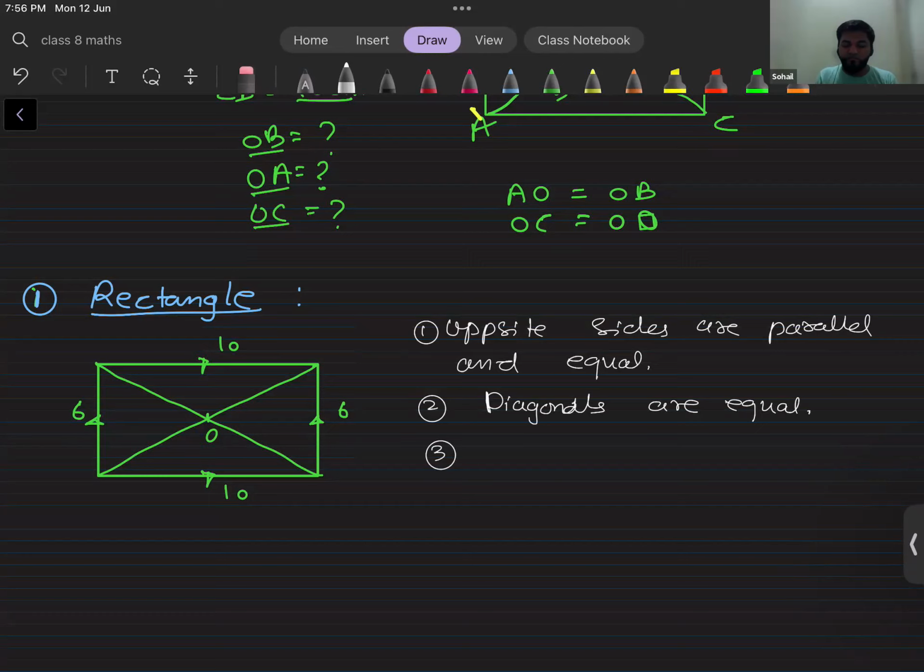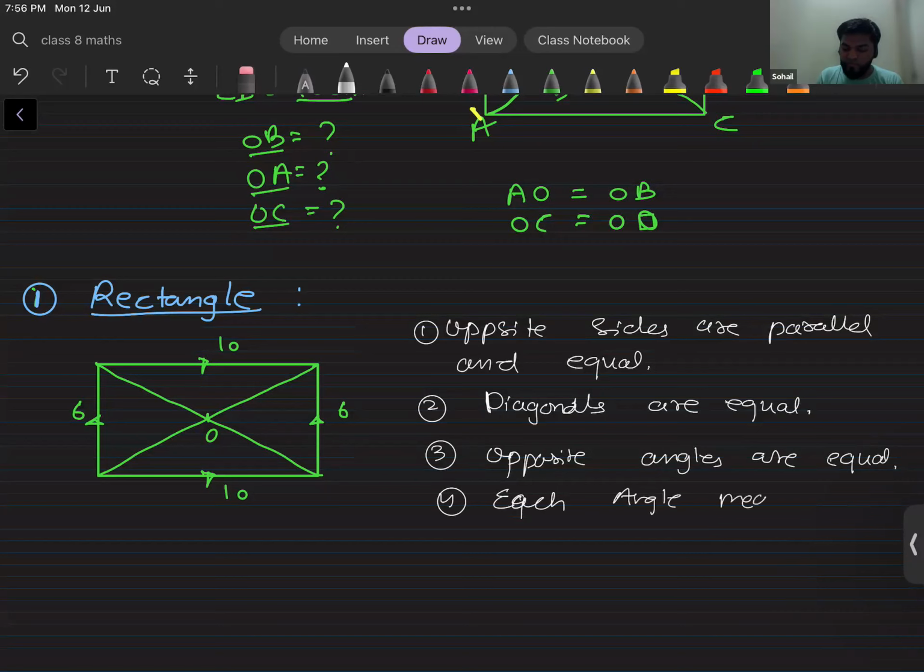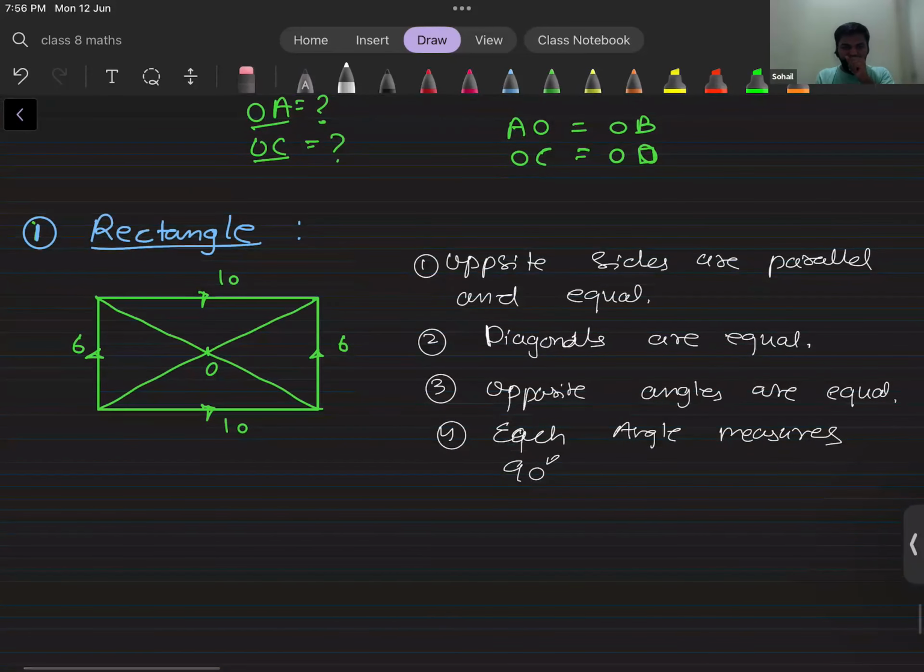And what else? Opposite angles are also equal, and each angle measures 90 degree. Right, guys? Exactly. So that is about the rectangle.